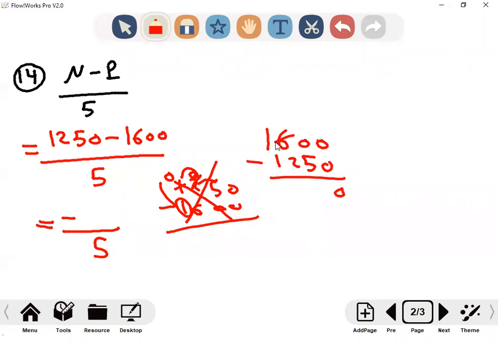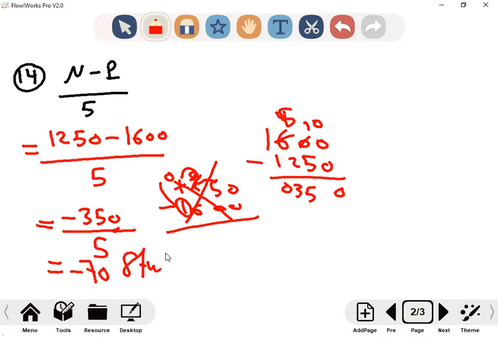It will be 4, sorry, 5, 10, 5, 3, 0. 350. Right? But negative. Negative 350 divided by what? By 5. We make division. Negative divided by positive is negative. Then divide, it will be 70.